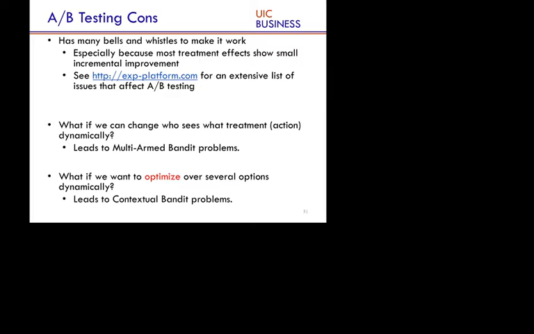And if the treatment effects are very small, then you really have to spend a lot of time trying to isolate that signal from all the noise. These folks at Bing have documented it extensively and made it public, so you can have a look at the different considerations that they had to take into account for doing A/B testing in production.